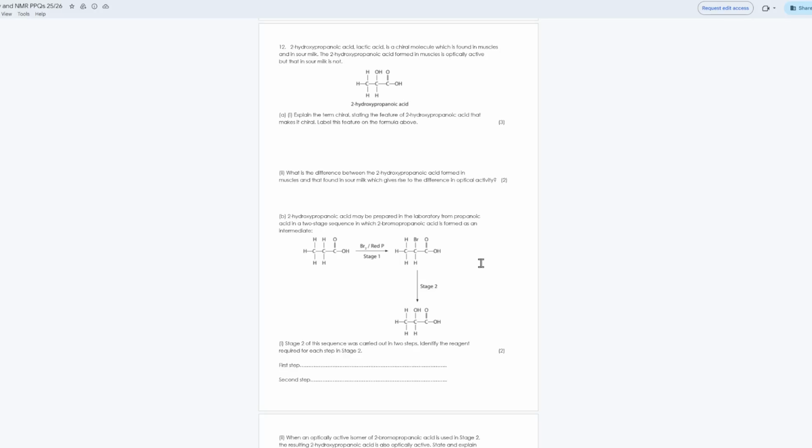So what I was writing was that the second carbon on 2-hydroxypropanoic acid is the one that makes it chiral, because it's attached to four unique groups.